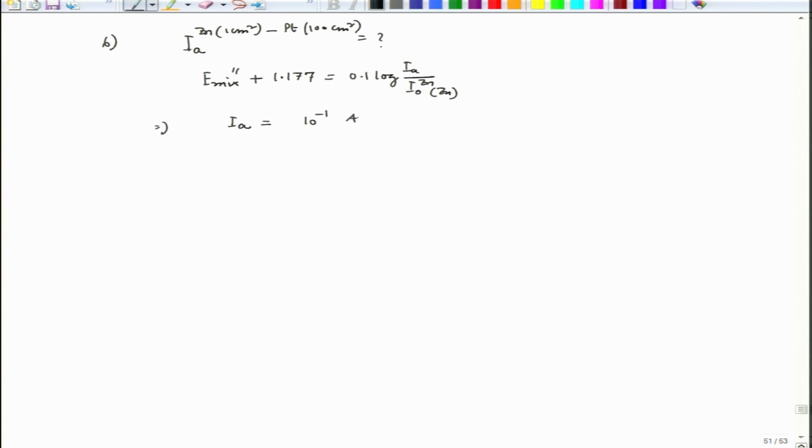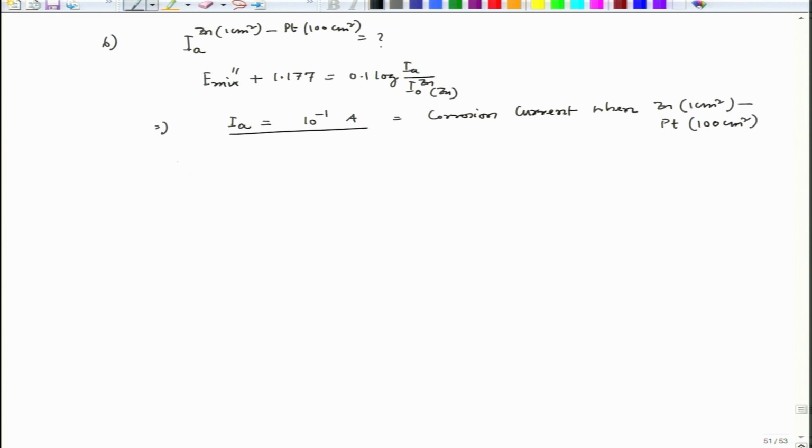If we do that, you will get 10 to the power minus 1, because this is 10 to the power minus 1. So, this becomes my corrosion current when zinc 1 centimeter square is connected to platinum 100 centimeter square.